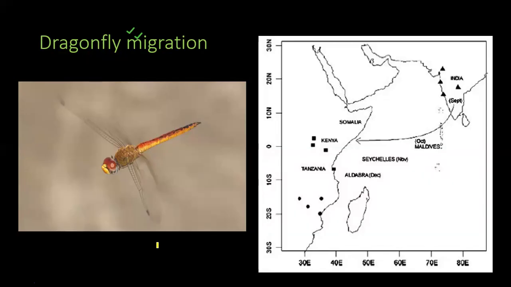So there are several other species that are known for their migratory patterns in other regions apart from Pantala. There are certain species of darners that are known for migration, and certain others are also known for their long distance dispersal flights.